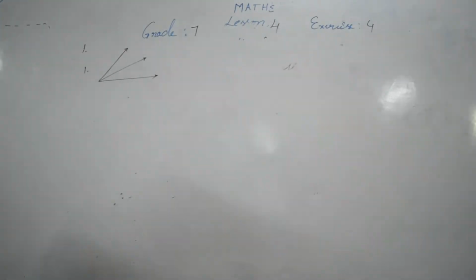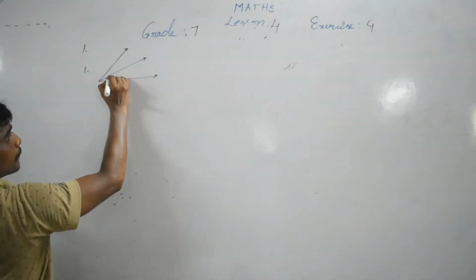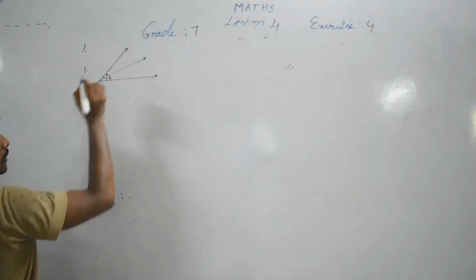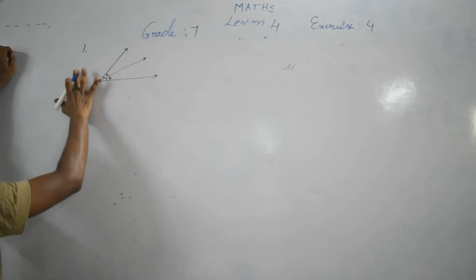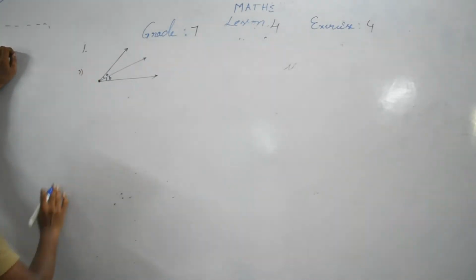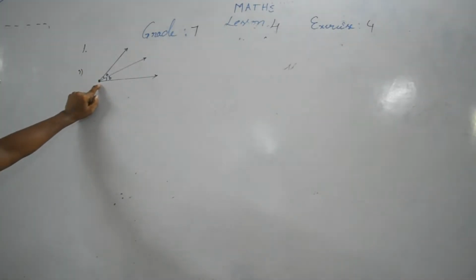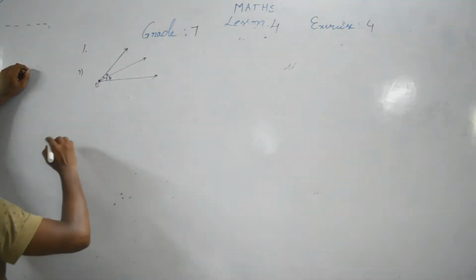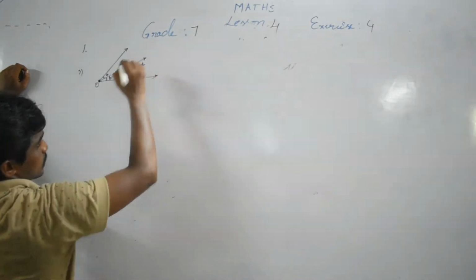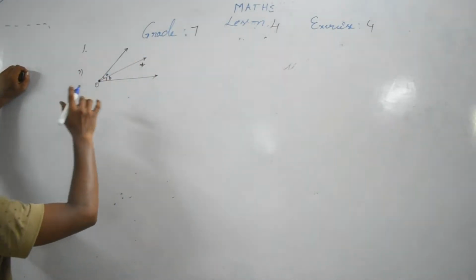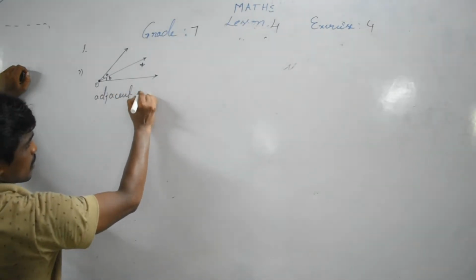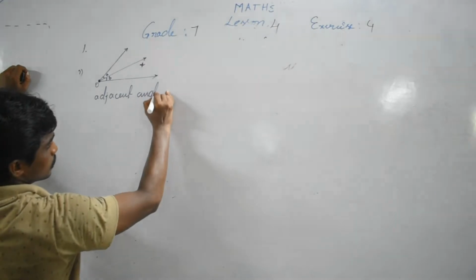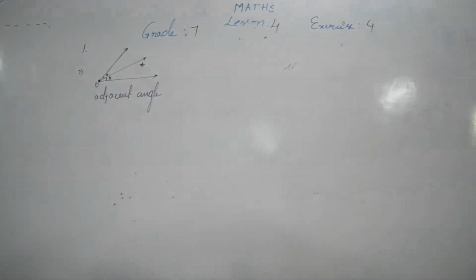Here B, here A. So are these adjacent angles or not? So here see, the common vertex is O and the common arm is here X. So this is an adjacent angle, simple. Next one.